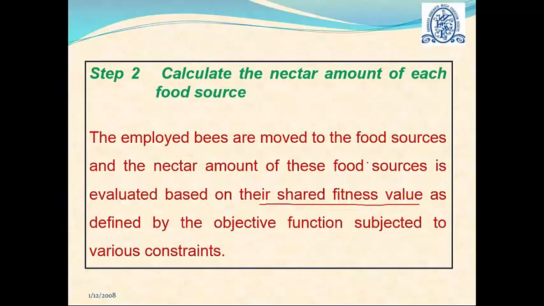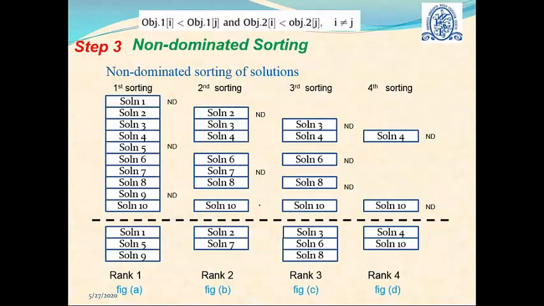This is important. Here we will not go with the actual fitness value, but we will find out the shared fitness value. Now, what is the procedure to find out the shared fitness value? Shared fitness values are obtained by the concept of non-dominated sorting.